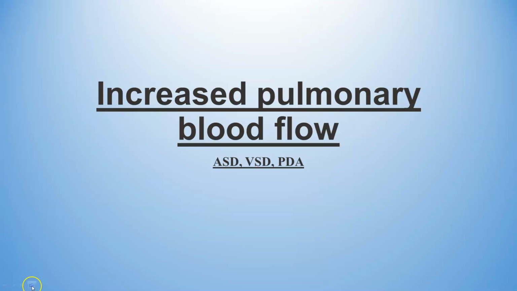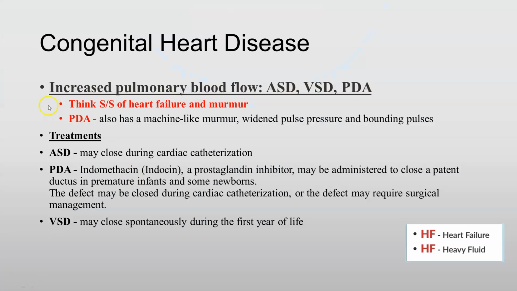All right, so that's the introduction. Now let's talk about the actual disease processes themselves. Atrial septal defect, ventricular septal defect, and patent ductus arteriosus. Okay. Think signs and symptoms of heart failure and a murmur.